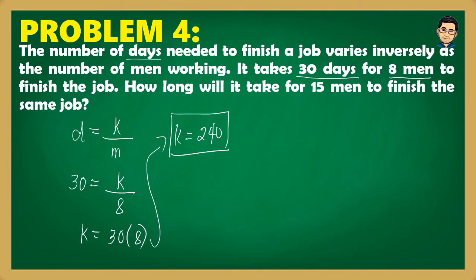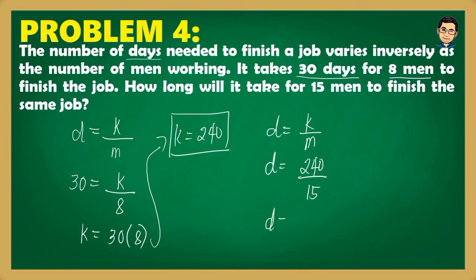Now, how long will it take for 15 men to finish the same job? So, rewriting the equation, D is equal to K over M. D is equal to the value of K, which is 240. And then, for M, 15 men. So, isa-substitute lang natin 15. And then, divide lang natin yan, yung 240 tsaka 15.